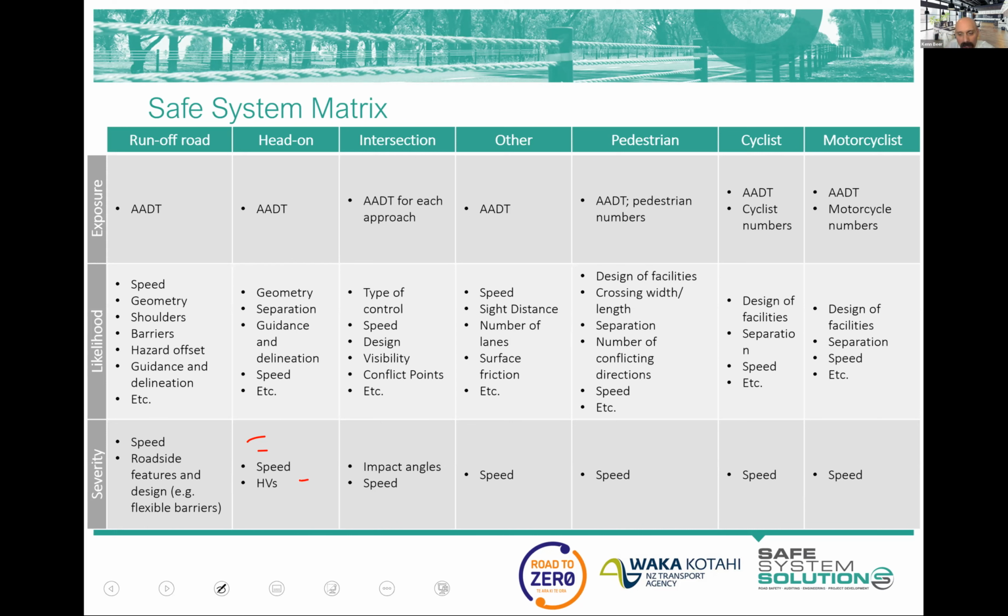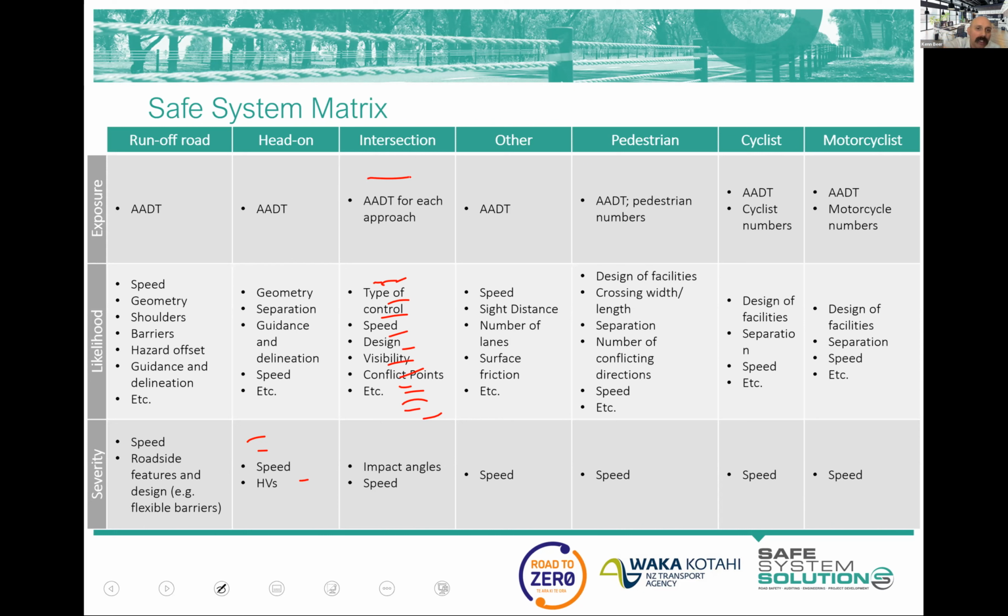That means the crash I'm conjuring in my mind could involve a heavy vehicle, and that's going to be more severe. The angle of crash, are they hitting a barrier or are they hitting a fixed object, and these sort of things. And then the likelihood, lots and lots of stuff usually in likelihood. You've got heaps and heaps of things that influence the chance a crash will happen.